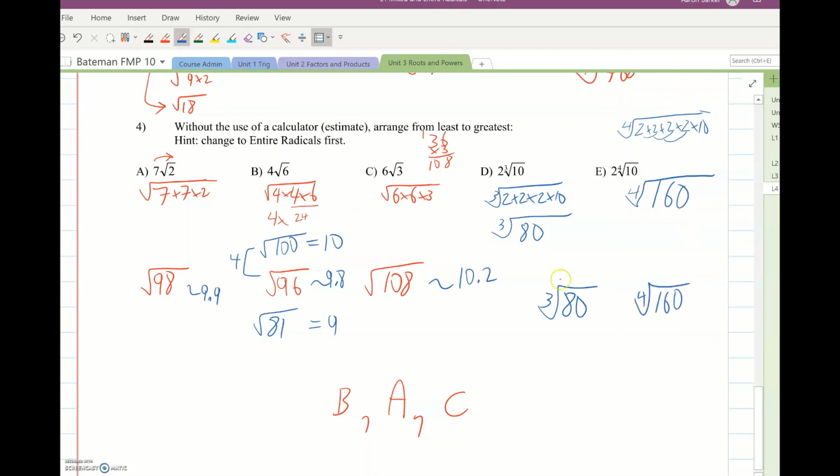So we got to think about cubes. So we got 1 cubed equals 1, 2 cubed equals 8, 3 cubed equals 27, 4 cubed equals 64, getting close, 5 cubed equals 125. Bingo, right there. So which one is above? Well, cube root of 125 equals 5.